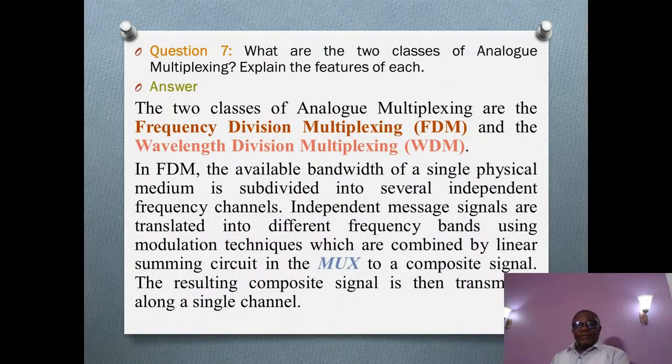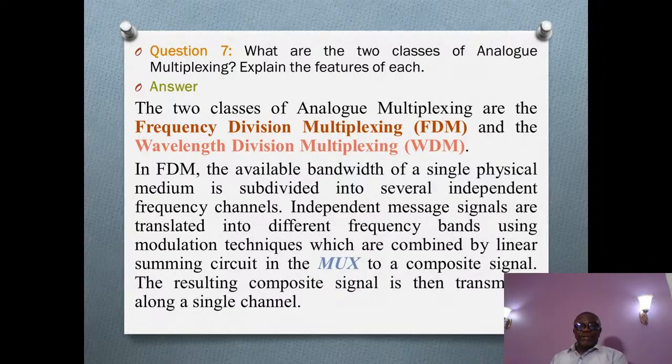Question 7: what are the two classes of analog multiplexing systems? Explain the features of each. There are two classes of analog multiplexing: frequency division multiplexing, known as FDM, and wavelength division multiplexing, known as WDM.